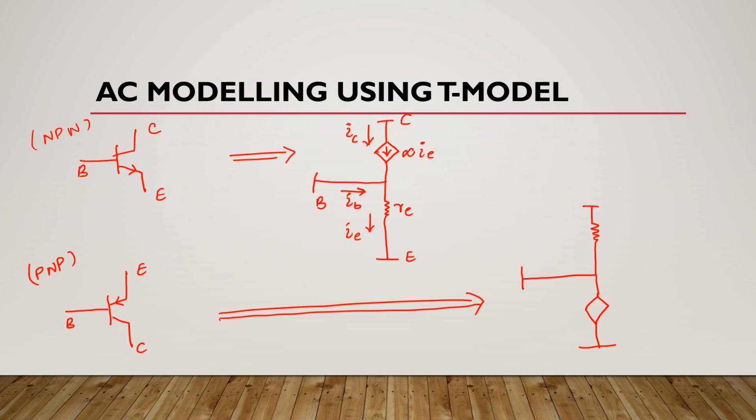Now this terminal is collector, this arrow is upward, this is RE, this terminal is emitter, this is base. Now this is the direction of base current, this is the direction of collector current. Here we have alpha IE and this is the direction of emitter current. So these are your equivalent T model circuits for NPN and PNP transistors.